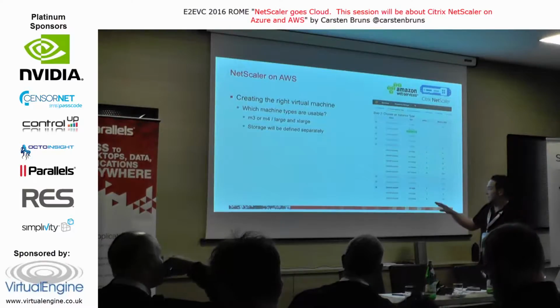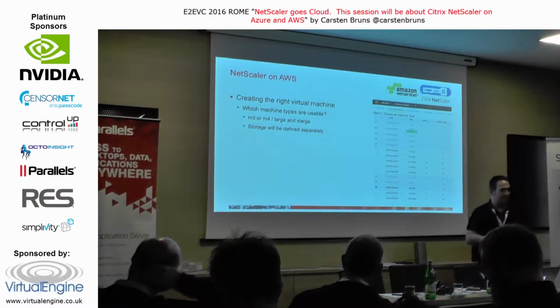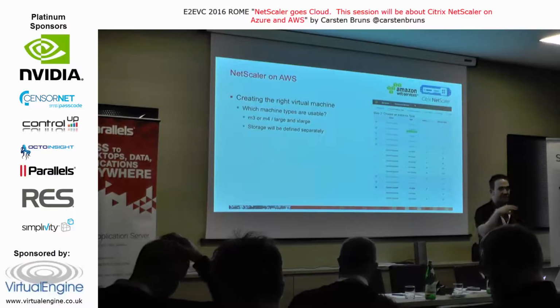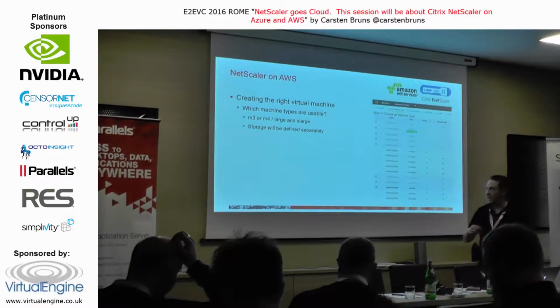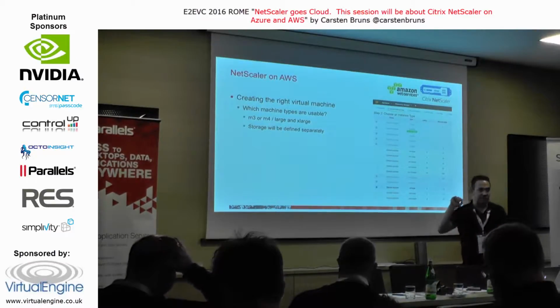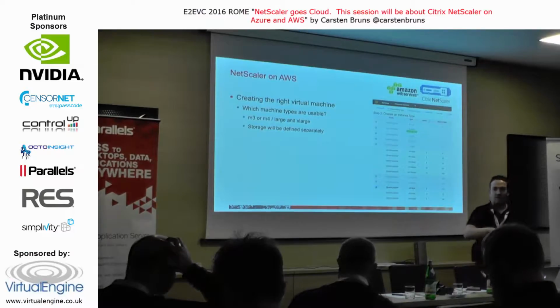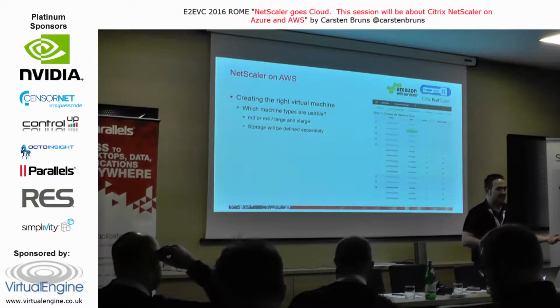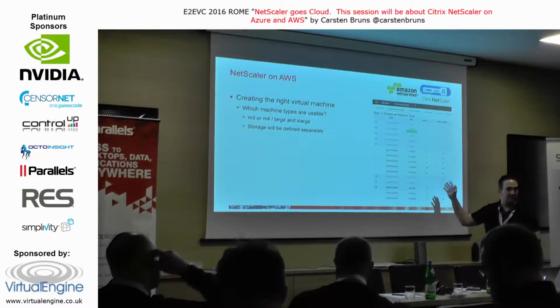So if you want to use an M3 machine, you can connect one of your elastic network interfaces, and you can configure 15 IP addresses to this interface. If you use M4 machines, you can connect one elastic network interface, and you can connect 10 IP addresses to the interface.